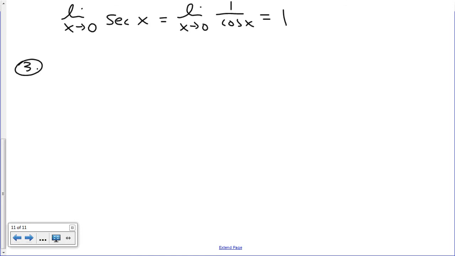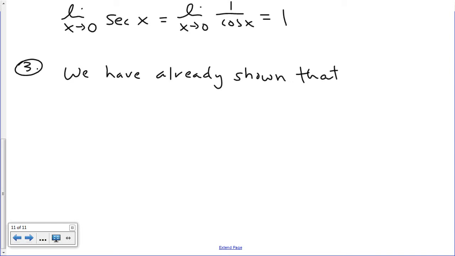And now the third condition is that you have to be able to show that f of x can be squeezed between g of x and h of x. And we have already done that, actually. We have already shown that cosine of x is less than or equal to the sine of x over x, which is less than or equal to the secant of x.